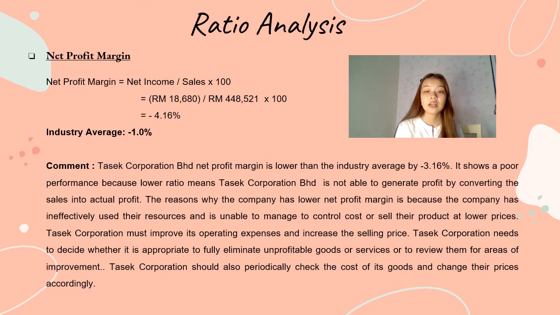Okay, Tasek Corporation Berhad's net profit margin is lower than the industry average, and it shows a poor performance because a lower ratio means that Tasek Corporation Berhad is unable to generate profit by converting the sales into actual profit. Okay, Tasek Corporation needs to improve its operating expenses and increase their selling price and needs to decide whether it is appropriate to fully eliminate the unprofitable goods and services.